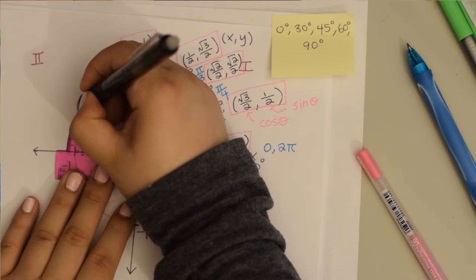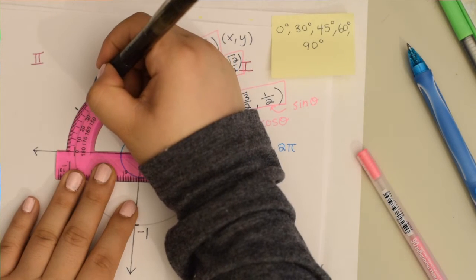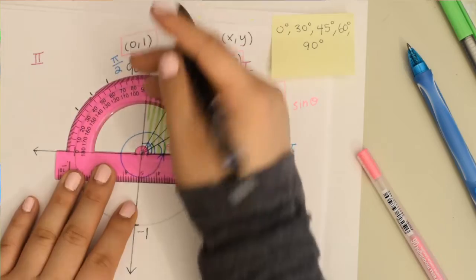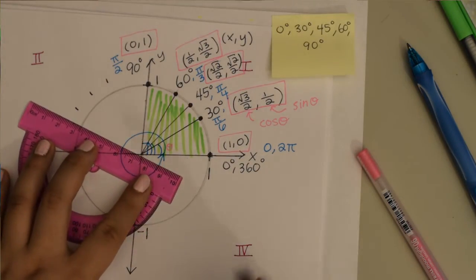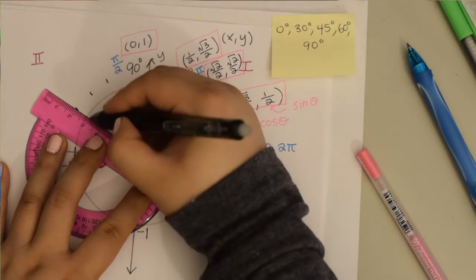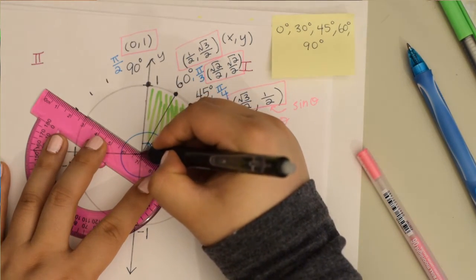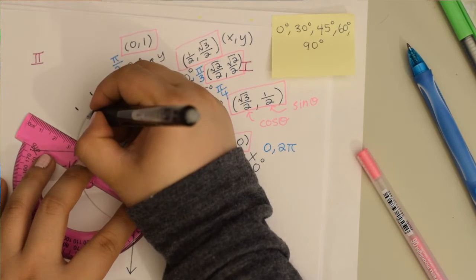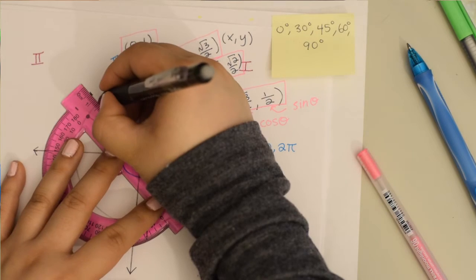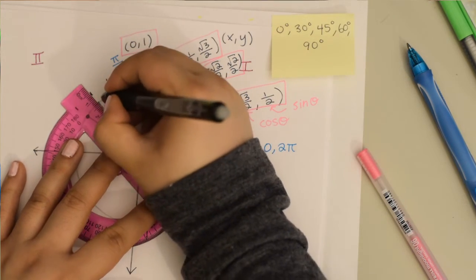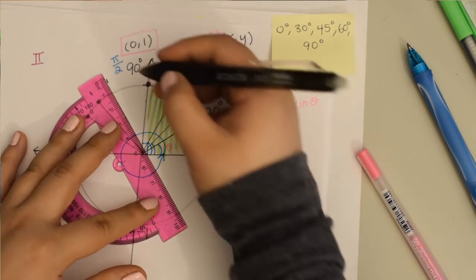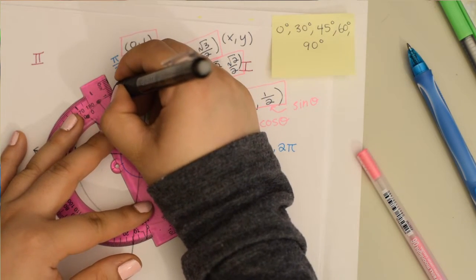So 30 is here, 45 is right there between 40 and 50, and then 60 is right there again. And again, I did the same thing. I'm going to draw from that to the center, but I'm going to just stop at the circle to get my point. Then from here to here to get my point. And then from here to here to get my point.